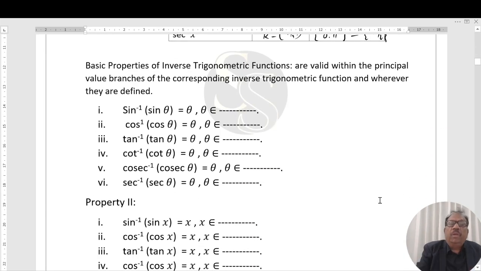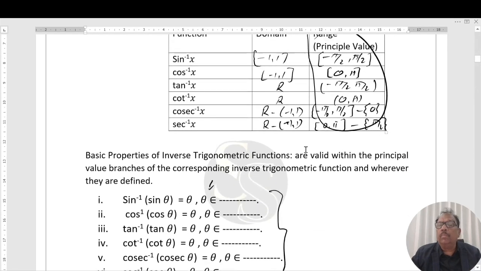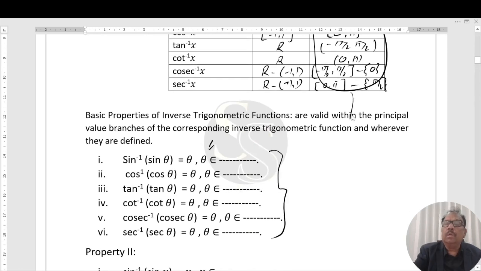Now we can write sine inverse sine theta equals theta, and cos inverse cos theta equals theta, provided theta belongs to a certain range, and we have to fill in the blanks here. All these are applicable here.